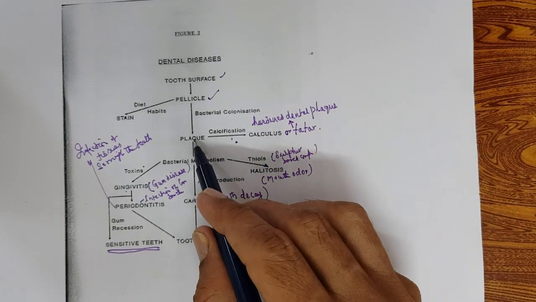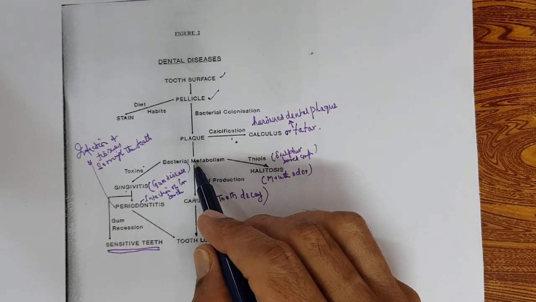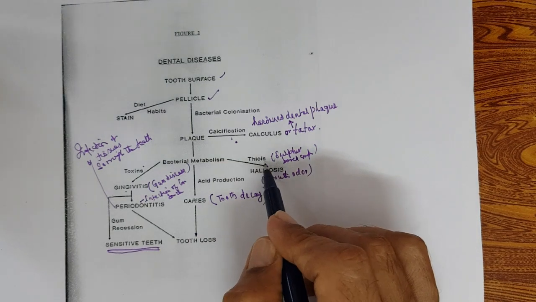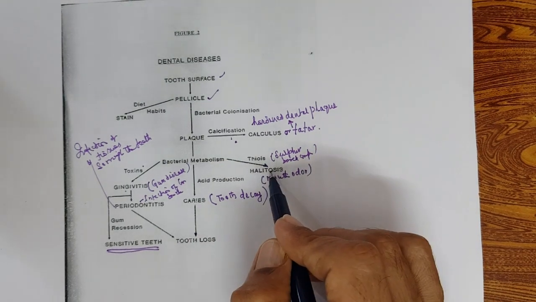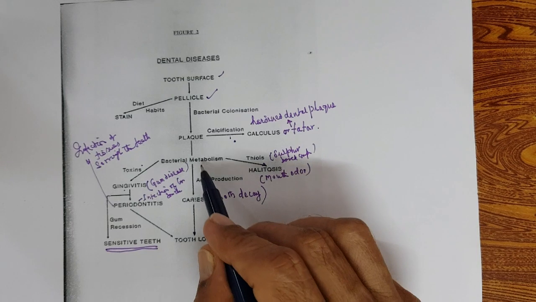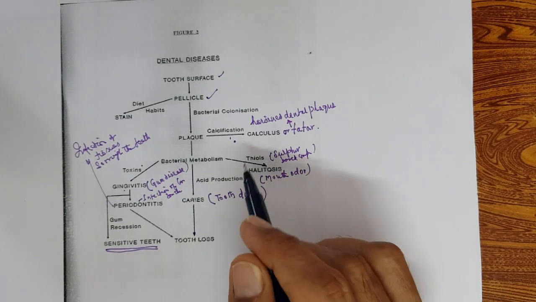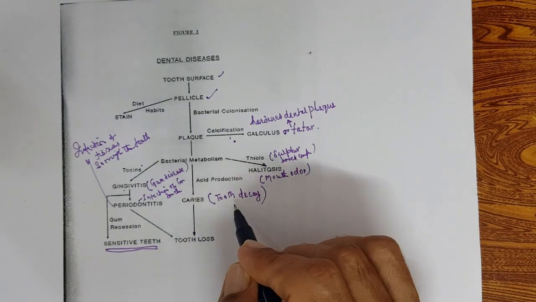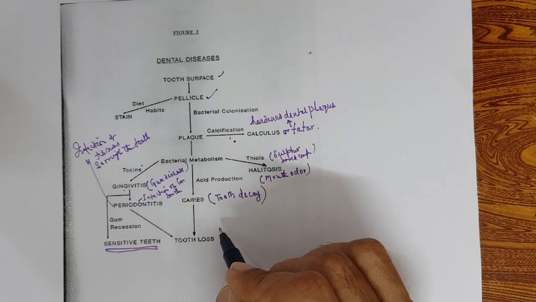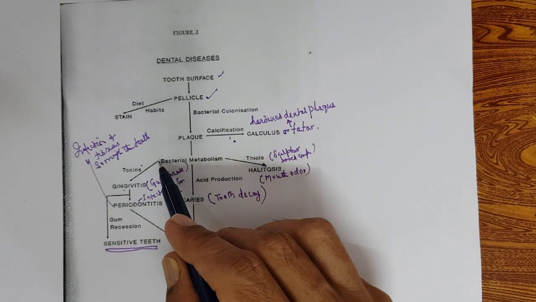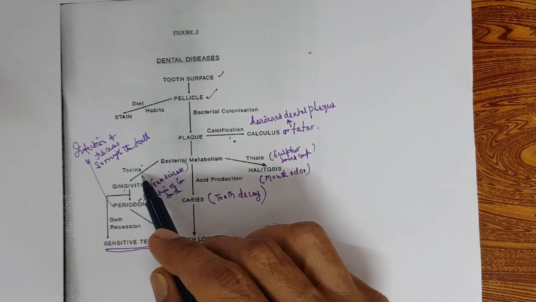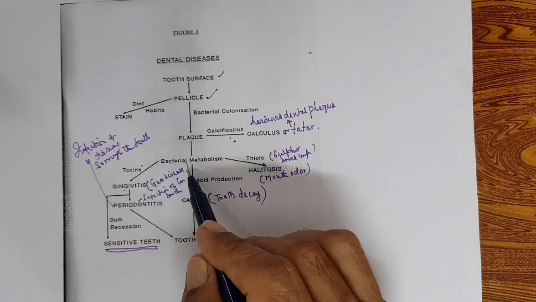Then bacterial metabolism here can lead to mouth odor: thiol sulfur compounds lead to mouth odor. Again, acid production leads to dental caries, which means tooth decay and tooth loss. This bacterial metabolism can also create toxins and gum disease.